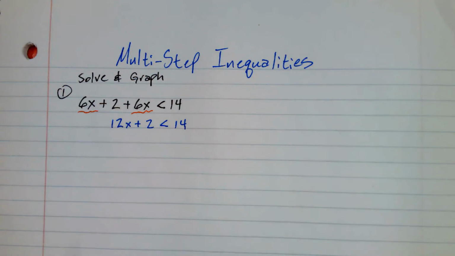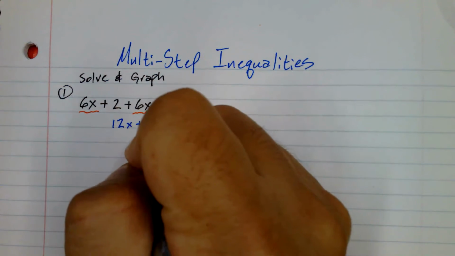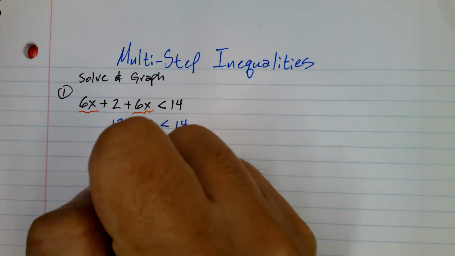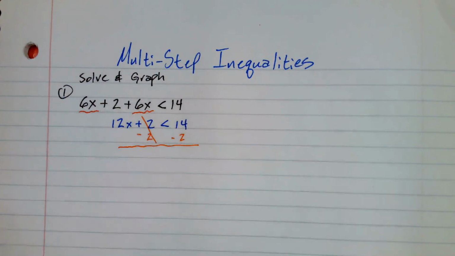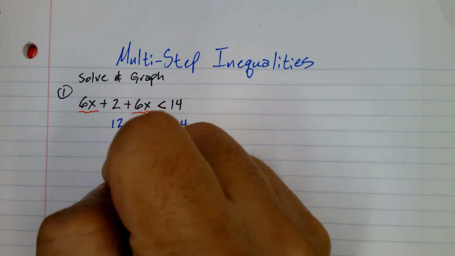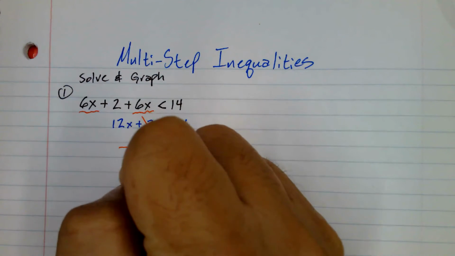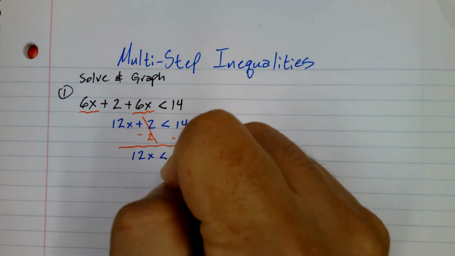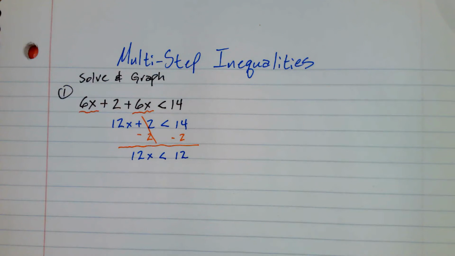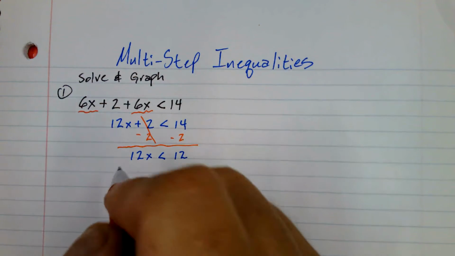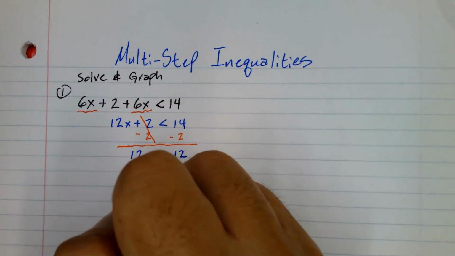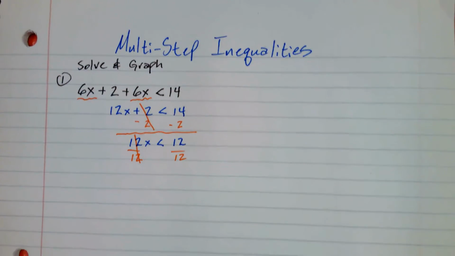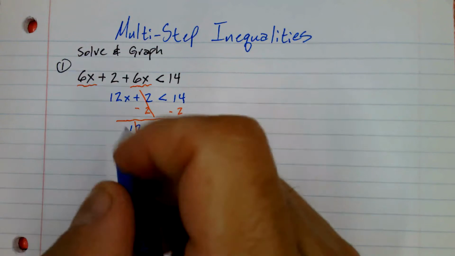Okay, and now it's a two-step equation, so subtract 2 on both sides, and we get 12x is less than 12. Okay, and then we'll divide away the 12.